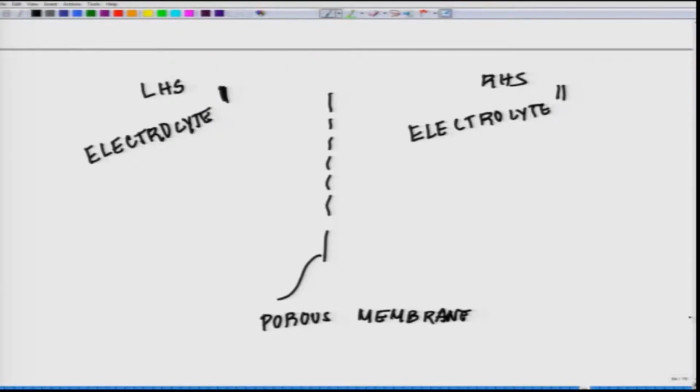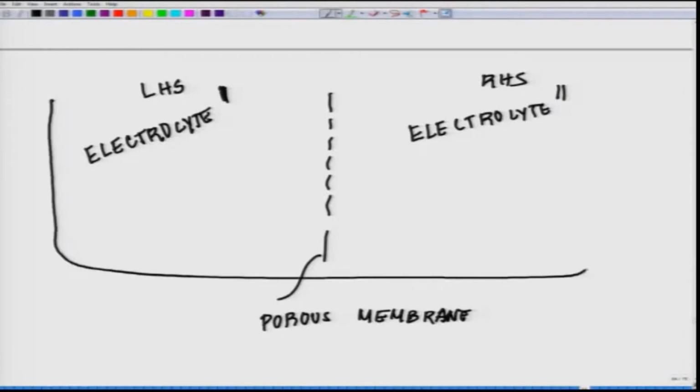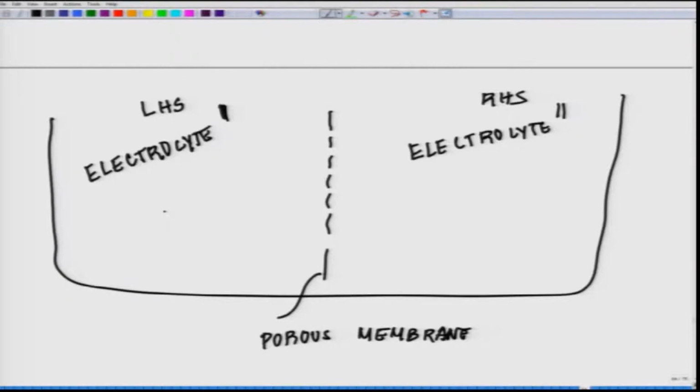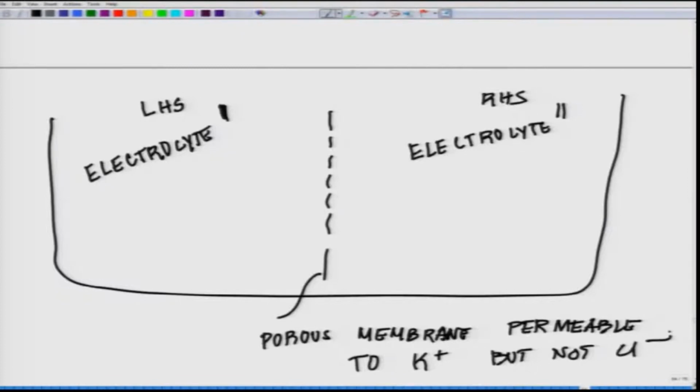Say for example, I create something like this, with a porous membrane, and I say this porous membrane is permeable to potassium ions or cations, but not to chloride ions. This is a situation I am creating.